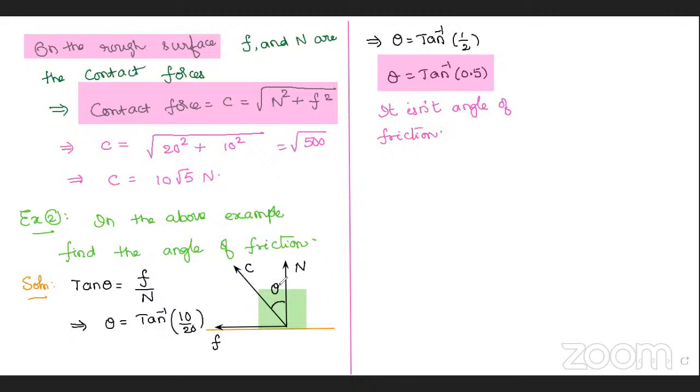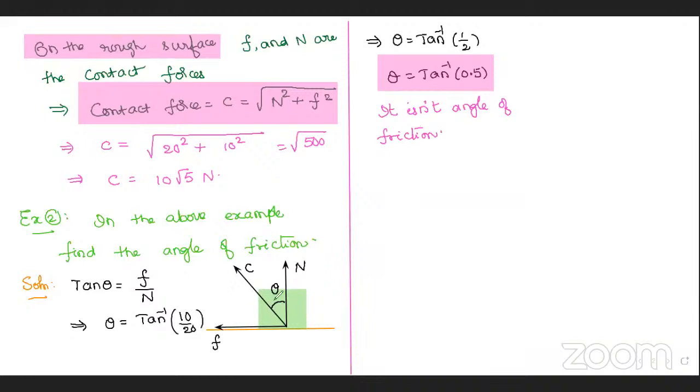Akhil Golapudi posted here, the angle made by the resultant of normal reaction and limiting friction. Exactly. Here it is not the angle of friction.